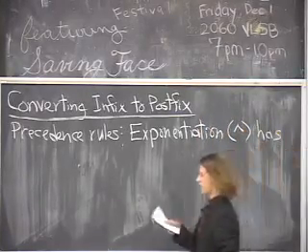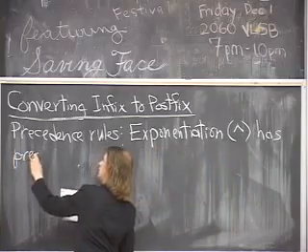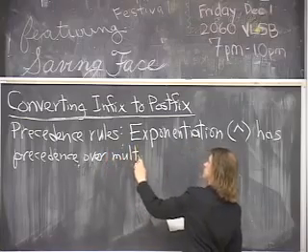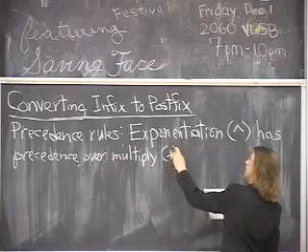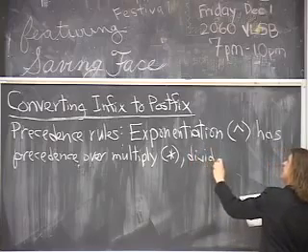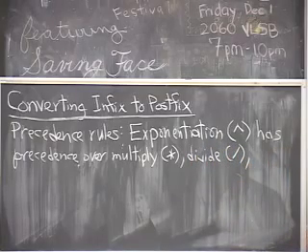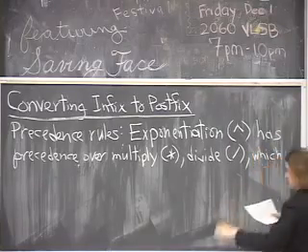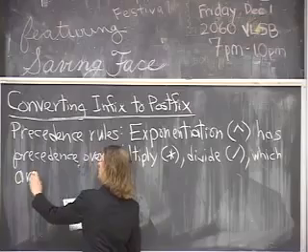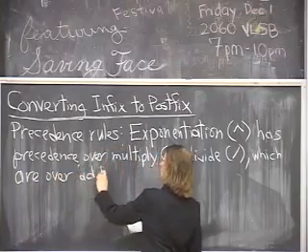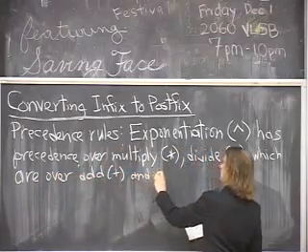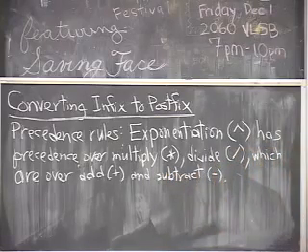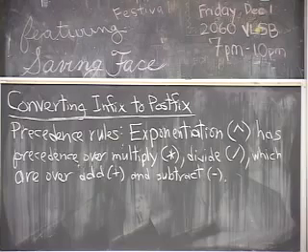So that has precedence over everything else, including divide if we bothered to implement it, which we didn't. And those have precedence over addition and subtraction. But multiplication and division are equal, and add and subtract, we'll say, are equal as well.